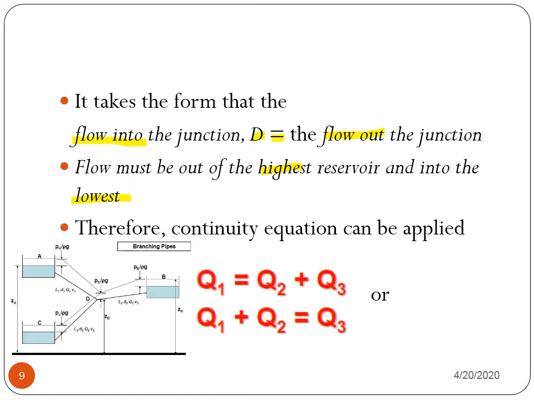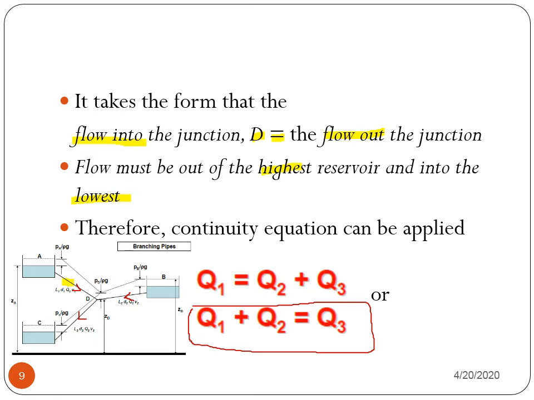As you can see here, if the water flows from pipe 1, and from pipe 2 the water flows, and they meet at point D, and then water flows out to reservoir C, thus we will use this formula: Q1 plus Q2 equals Q3.